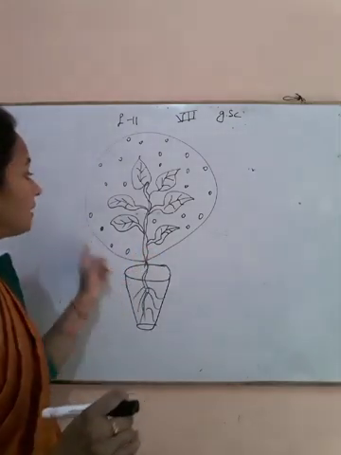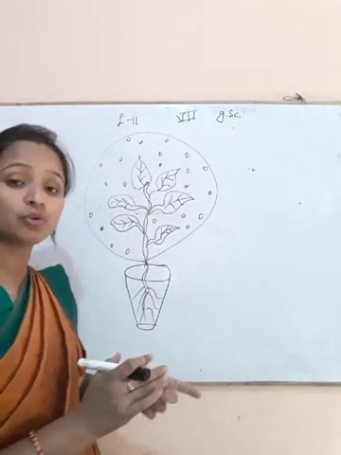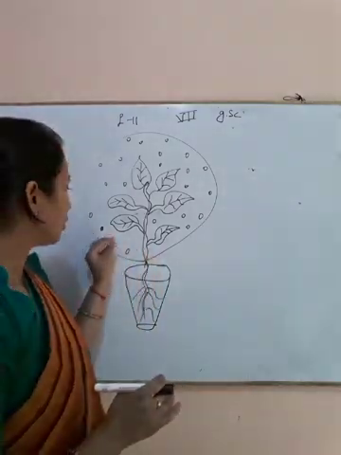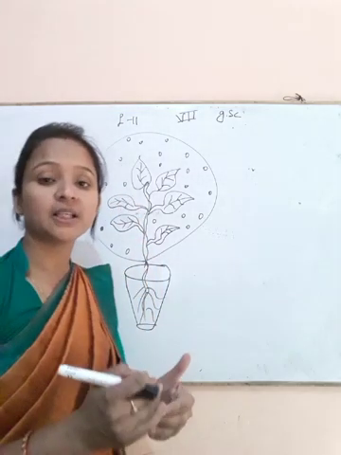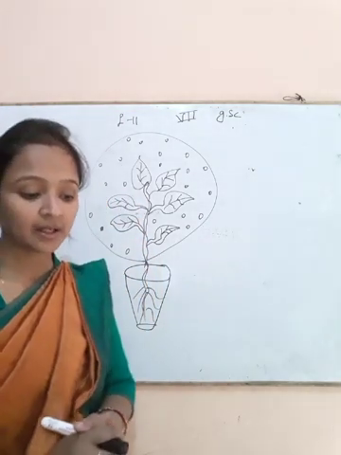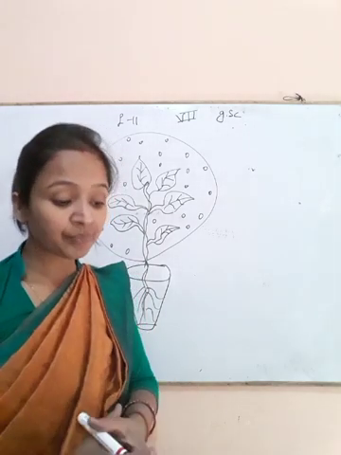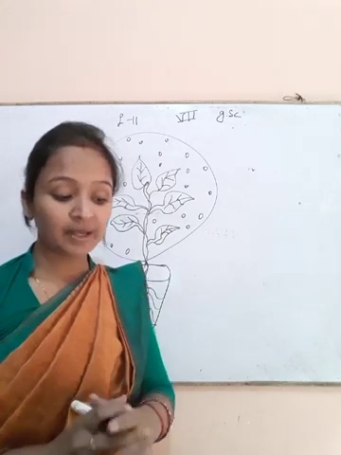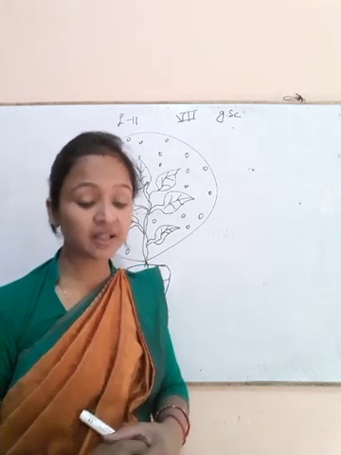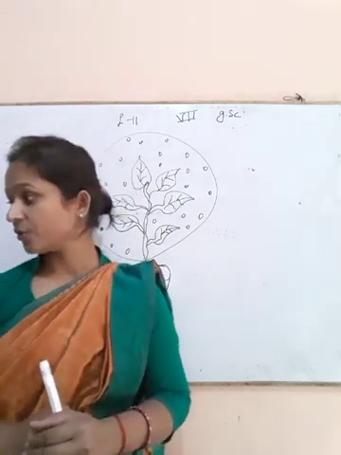So you can see in the diagram, this is the polythene bag, and when you tie it, you can see drops of water inside. So in this activity it is proved that water vapor transpired by the plant condenses as water droplets.